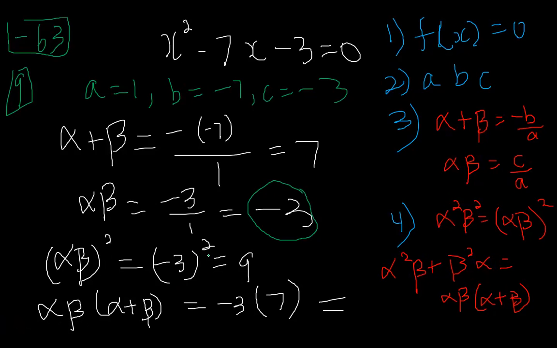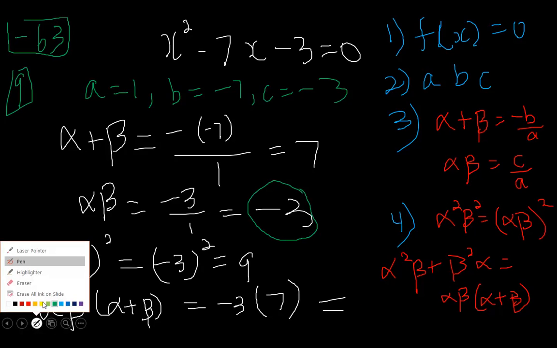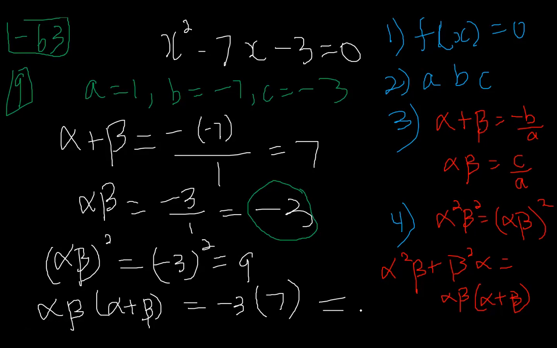I have what you have, but for the last part, I didn't get minus 63. What did you get? Minus 21, right? So those who got minus 63, can you tell me what you did differently? Oh, I made a mistake and multiplied the 9 by 7 instead of the negative 3.